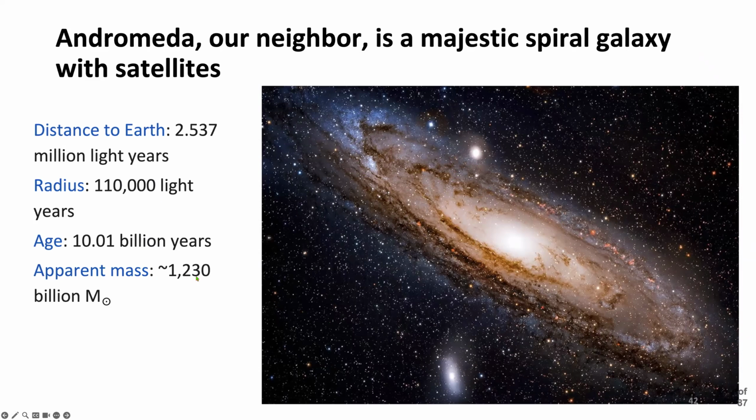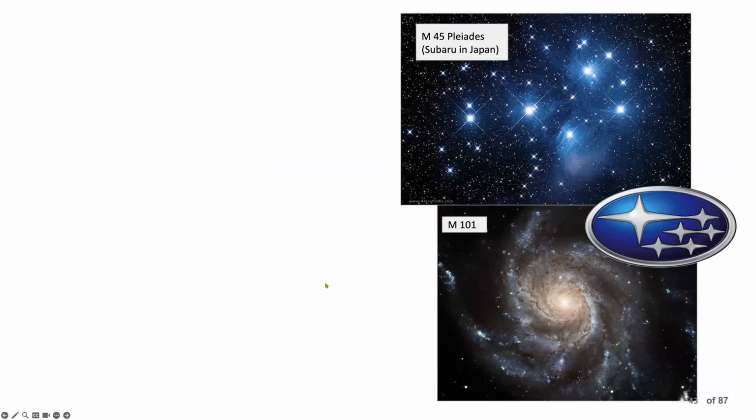And you see how many stars are in this galaxy: 1.2 trillion times the mass of the sun. This is a symbol. We'll use this occasionally. This symbol represents our sun. And here's some typical galaxies.